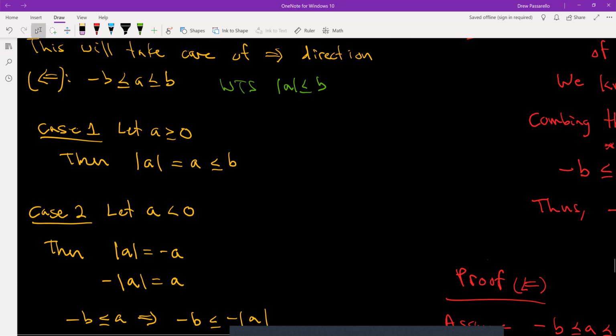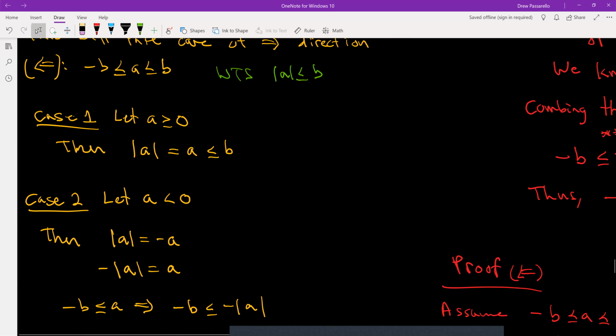And I broke it up so a, the number a, could be greater than 0, less than 0, or equal to 0. And so you could break it up into 2 cases and use the definition of absolute value.